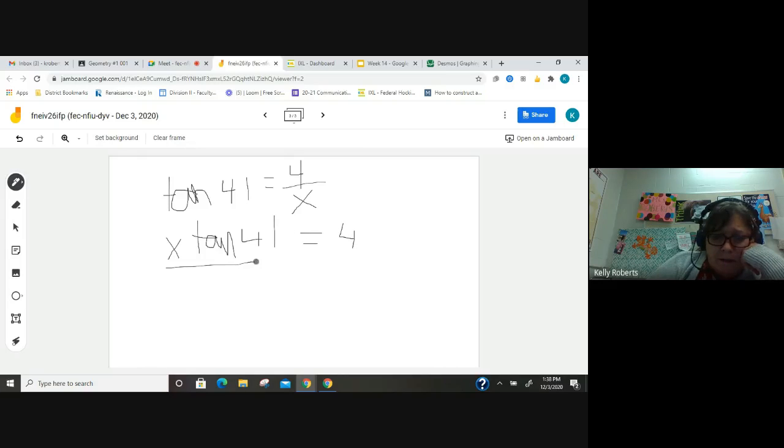Okay, now to get x by itself, I'm going to divide both sides by tangent of 41. I know I'm not writing out 10. I just don't want to. It takes me forever. So the tangent of 41, tangent of 41 cancel, and x equals 4 divided by the tangent of 41.